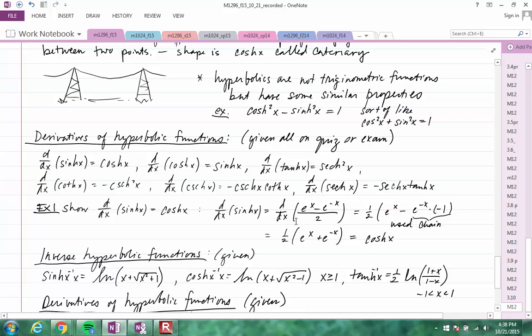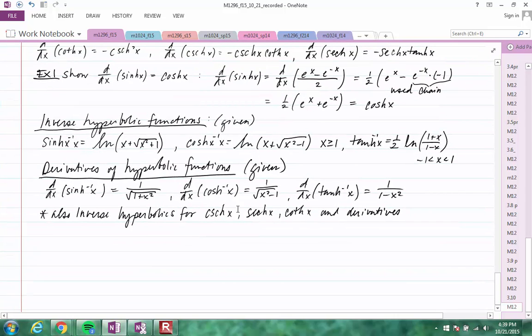So one way to do that derivative is to take a 1/2 out, and then note you can avoid using the quotient rule and take the derivative of each term separately and use the constant multiple rule. E to the negative x involves the chain rule. Other than that, it's pretty straightforward. And then that just gets us to the definition of cosh, which is also given. So again, you don't need to memorize these, it's just helpful to remember, oh yeah, to show this derivative rule, I just use the definition.